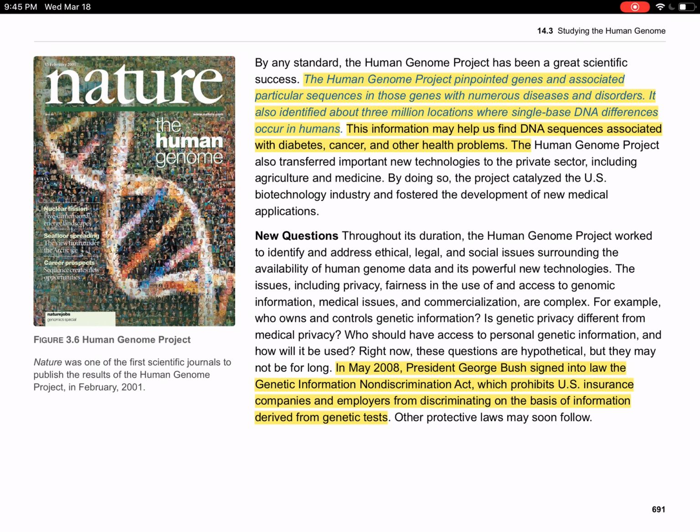If you had your genome read, who should or should not get that information? Think about, would you want your employer to have that information? Would you want an insurance company to have that information? Why or why not?